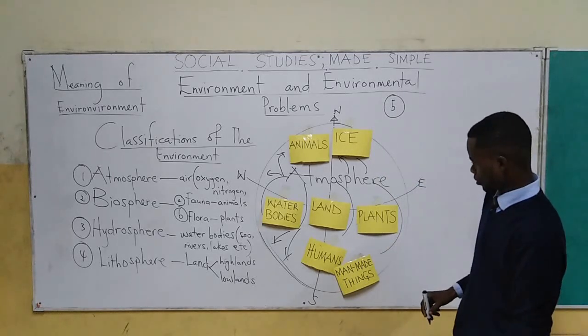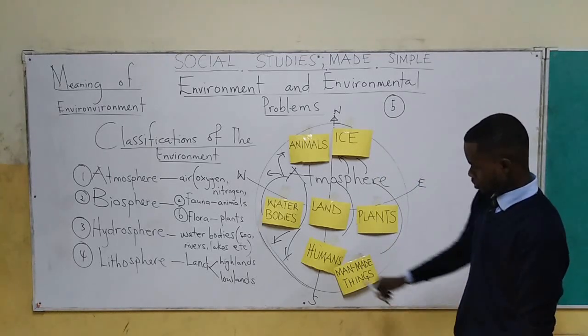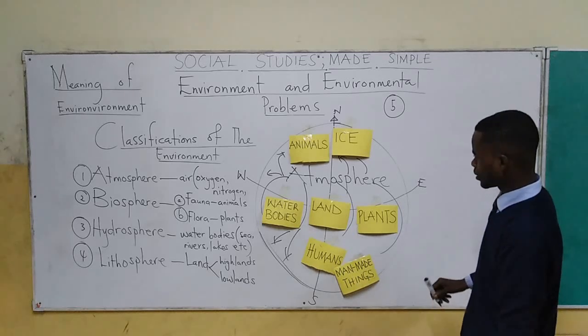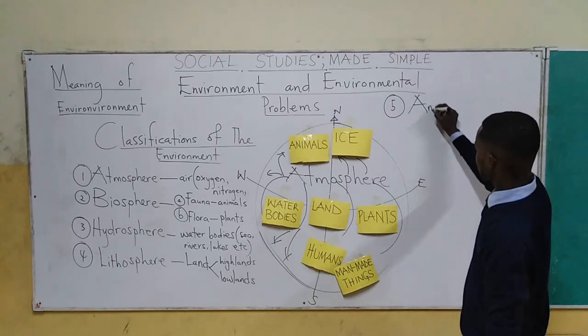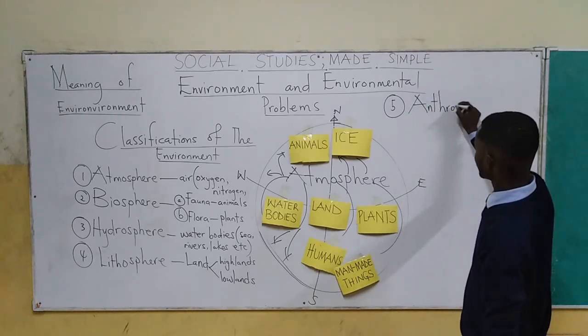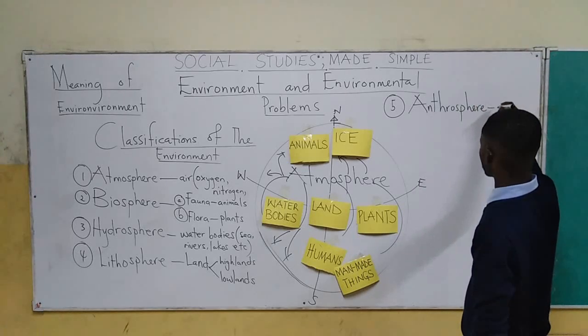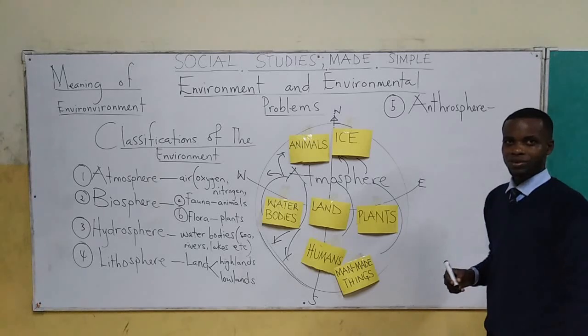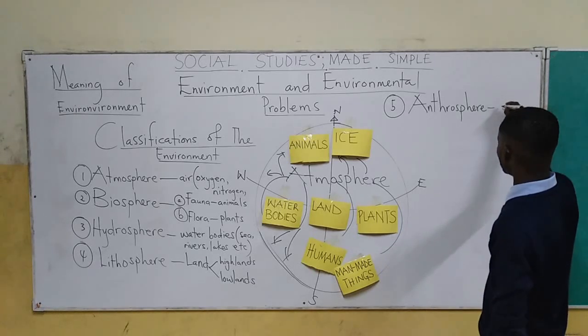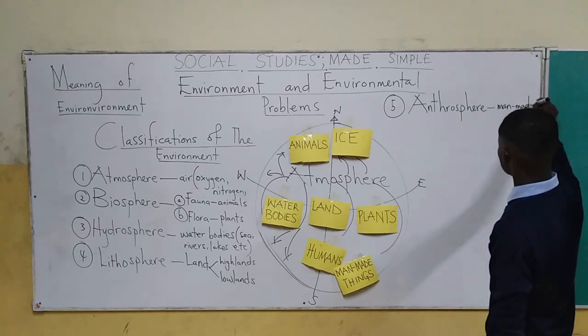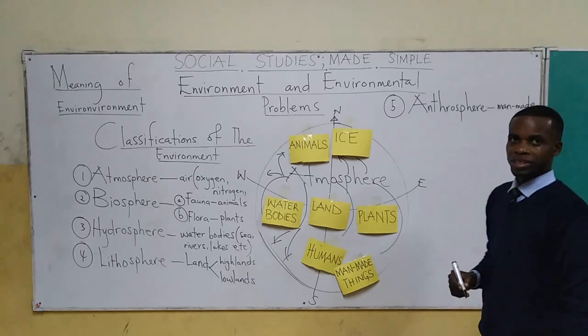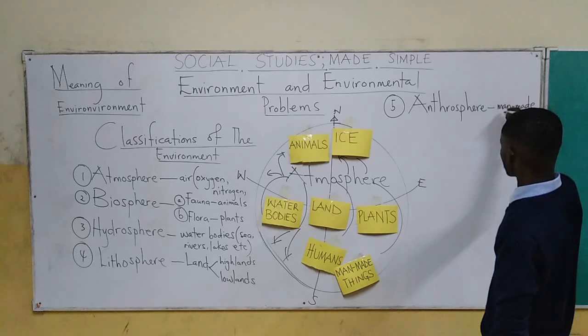Classification. Let's talk about man-made things. Anthrosphere includes man-made or artificial things.